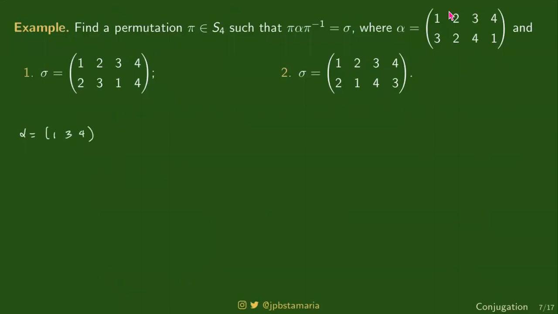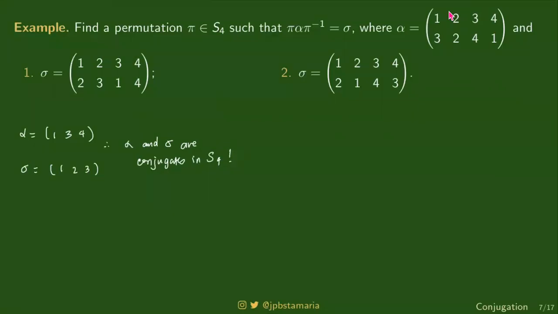Now for number 1, sigma, if you write this in disjoint cycle form, is (1 2 3). So it's also a 3-cycle. So technically, they are conjugates, di ba? Alpha and sigma are actually conjugates in S sub 4. So sino yung nagko-conjugate kay alpha para maging sigma?